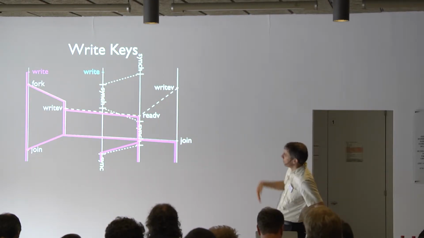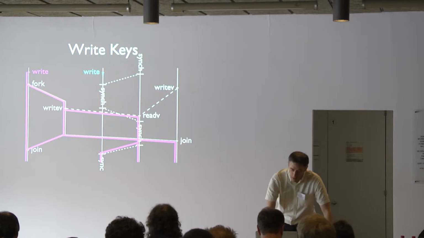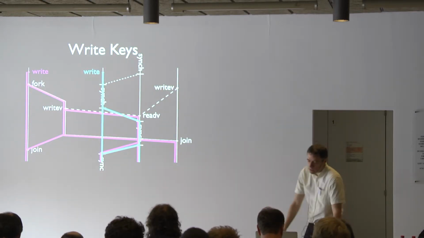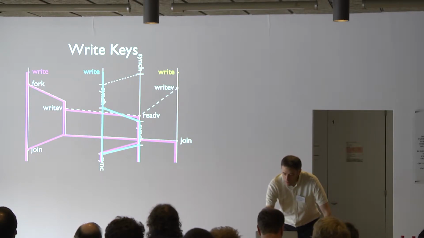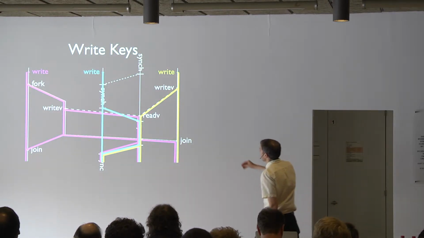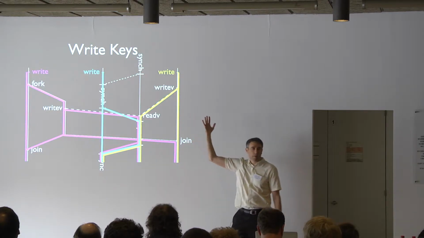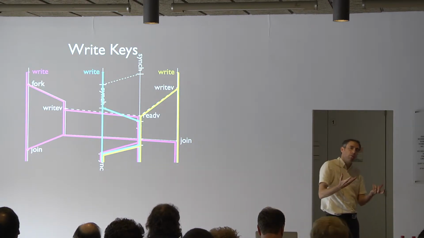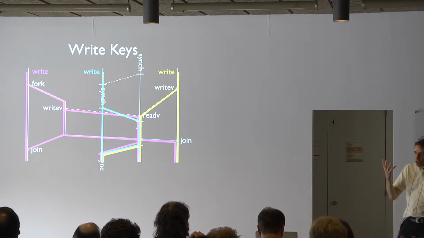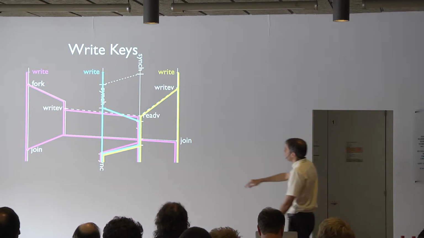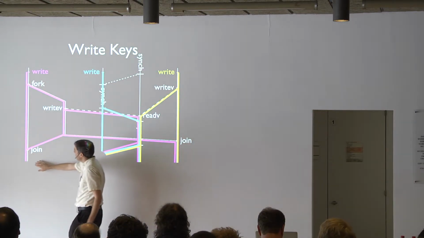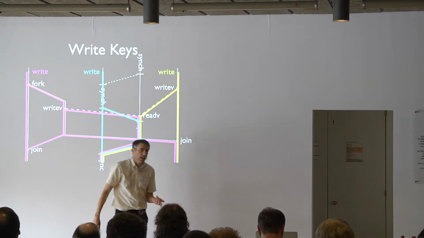A different field, the cyan field here, writes something, and these write keys are transmitted here. And we have a third example. So this shows writes to separate fields. And so these are all the places that legally know about the field and can read it at this point. And if you are, like over here, you cannot legally access the yellow field.